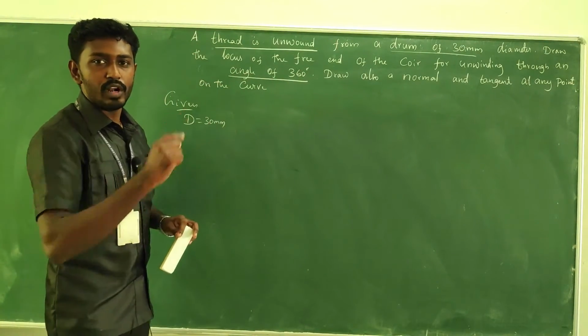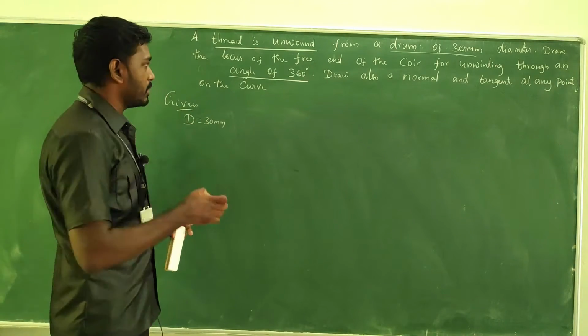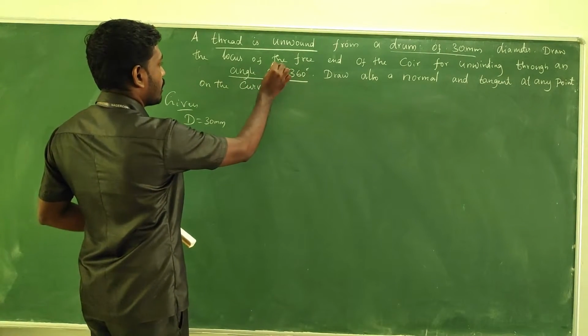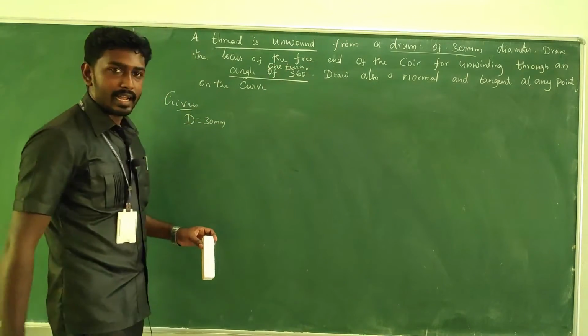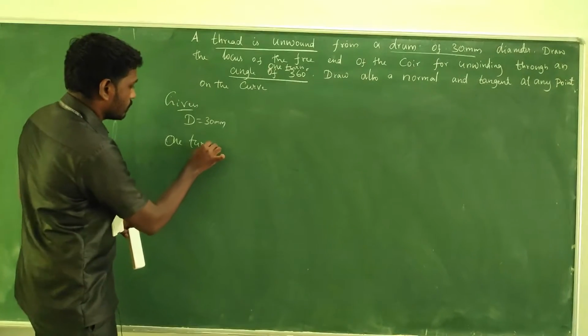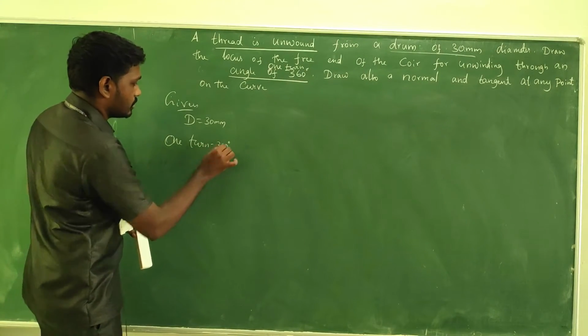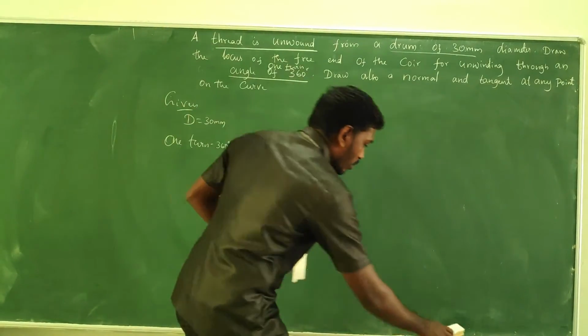It's a full turn. Am I right? It's a complete turn, that means one turn. They are talking about one turn. So 360. We're going to work it out for 360. Right? So let me start our work first.